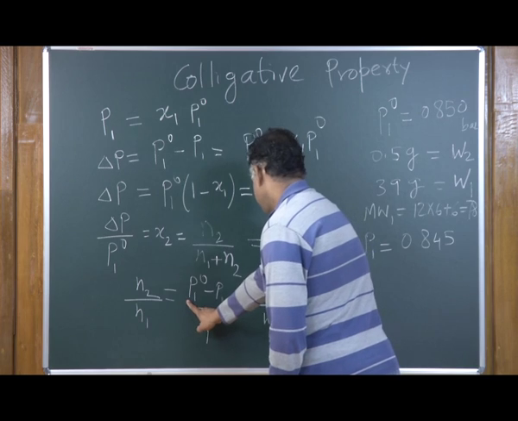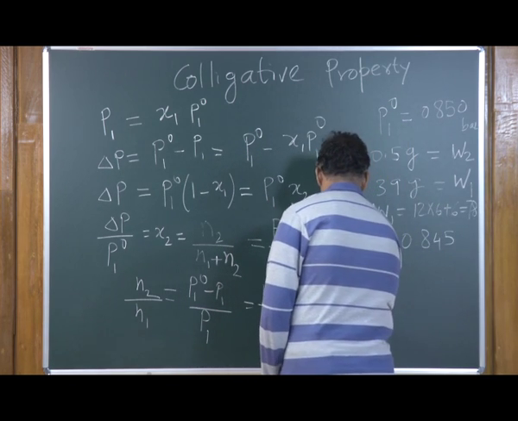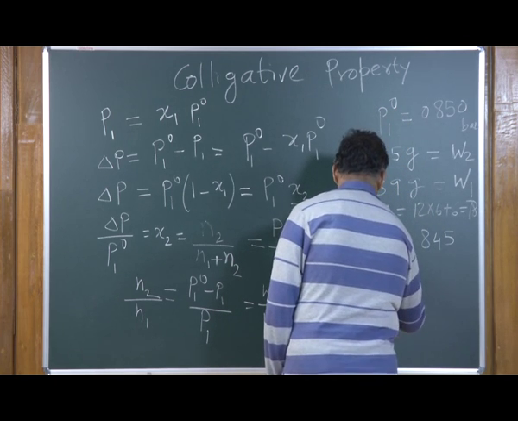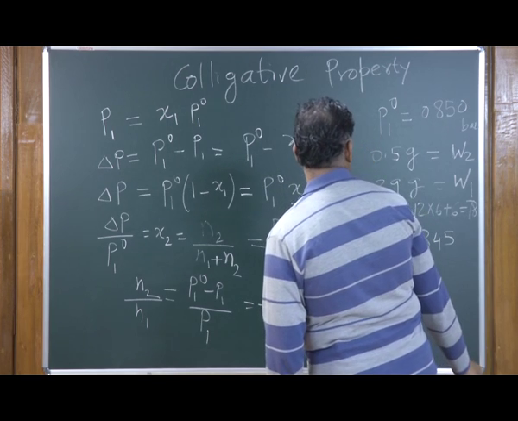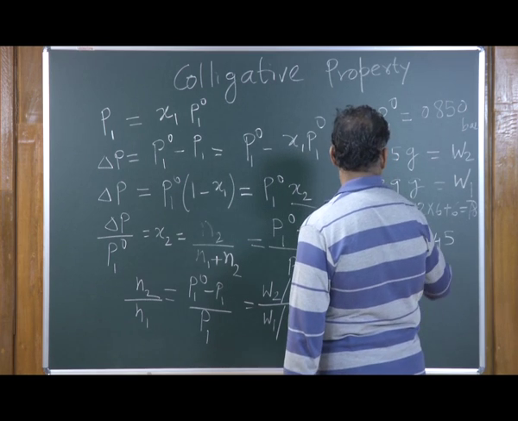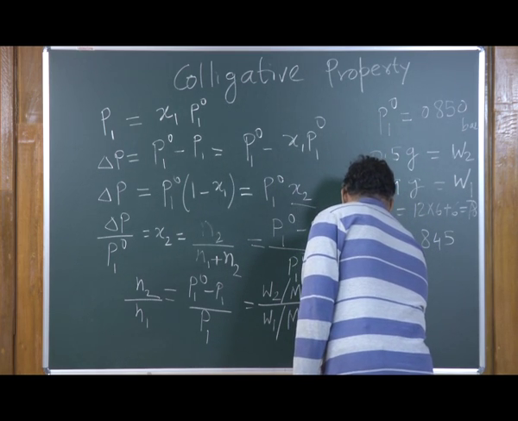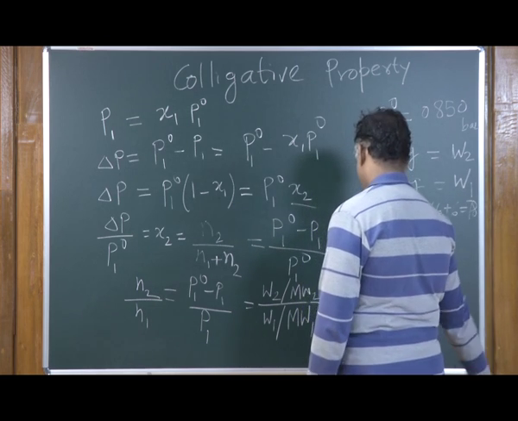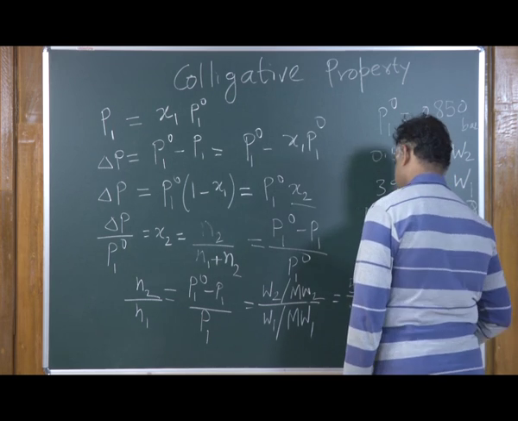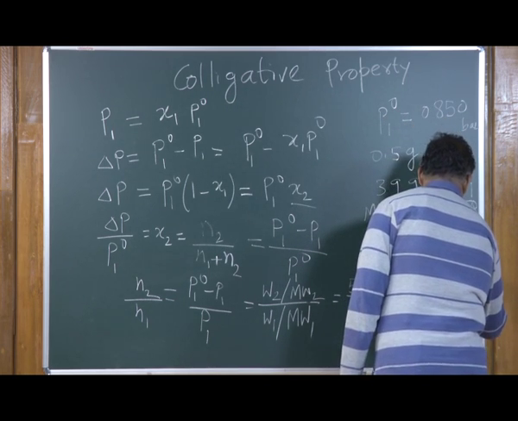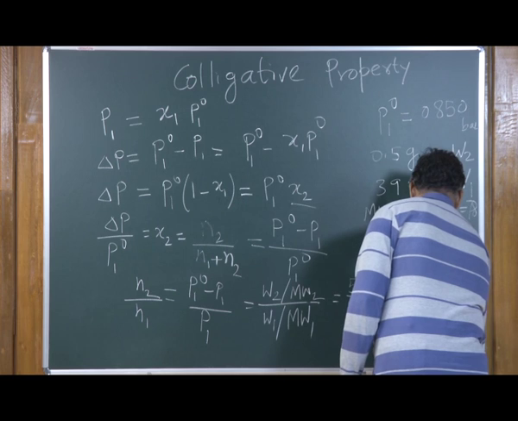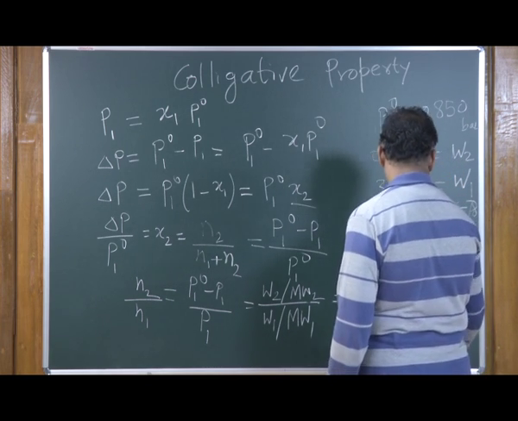So, P1 0 minus P1 is simply, we subtract this and we get 5 into 10 to the minus 3 bar, divided by P1, that is 0.845, and that is equal to the weight of solute, which is given as 0.5 gram, divided by the molecular weight of the solute, divided by the weight of solvent, that is 39 gram, divided by the molecular weight of solvent, that is 78.